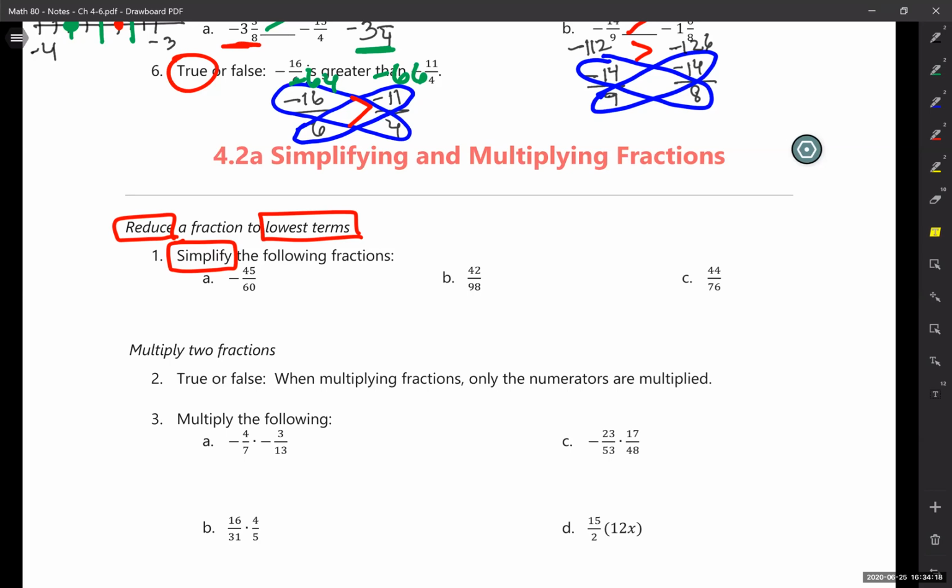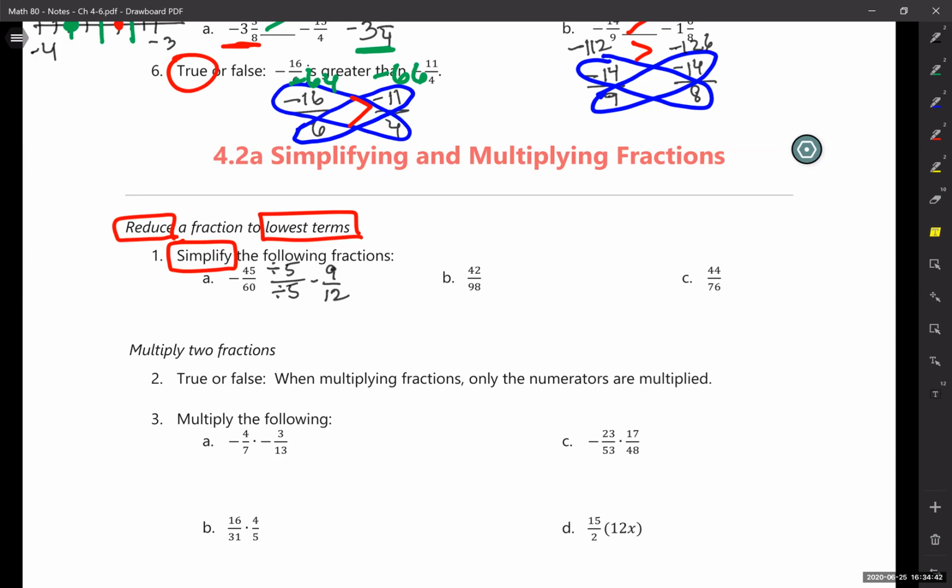I know they both end in 5, so I'm just going to start with 5. So I say 45 divided by 5, 60 divided by 5, and that's going to give me 9 over 12. And notice there was a negative, so I need to make sure that negative is there.